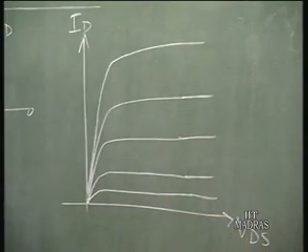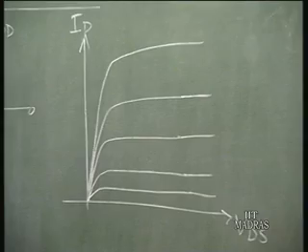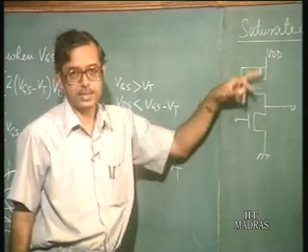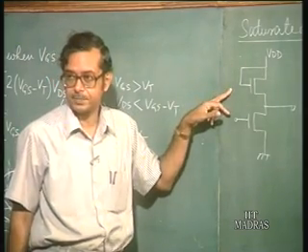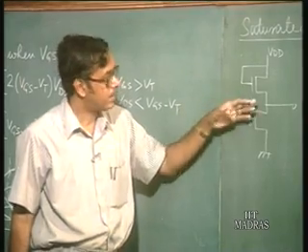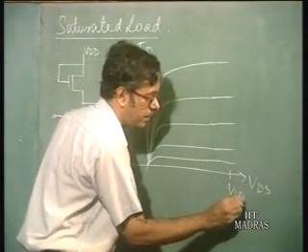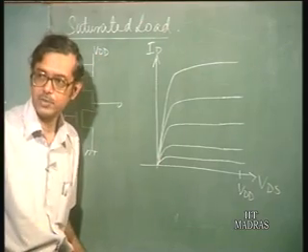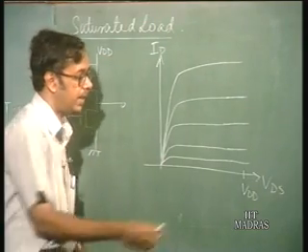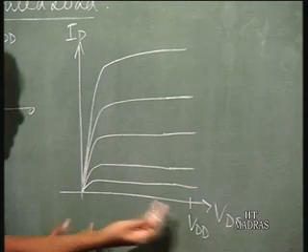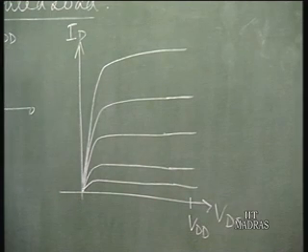For the load line, again we have to draw the characteristic of this device, with VDD as the origin here, starting from VDD as the origin, and just inverted like this.